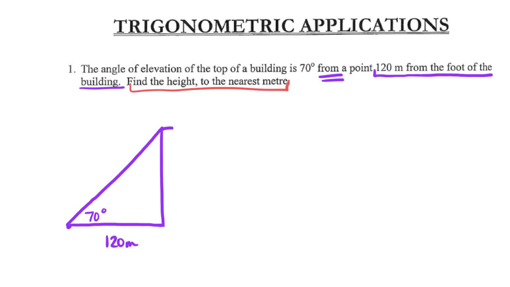Now, there is something very important when we talk about trig applications. And I know that when I say this, it's going to sound really weird, but go with it, okay? When we say that we have a building, it is vertical.